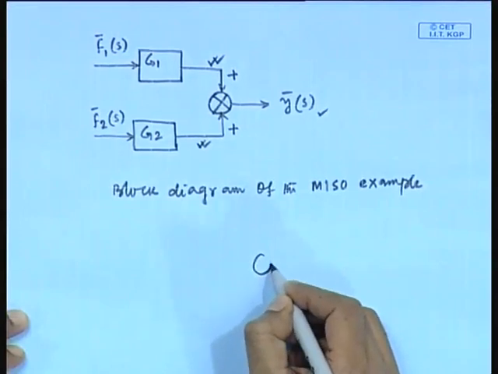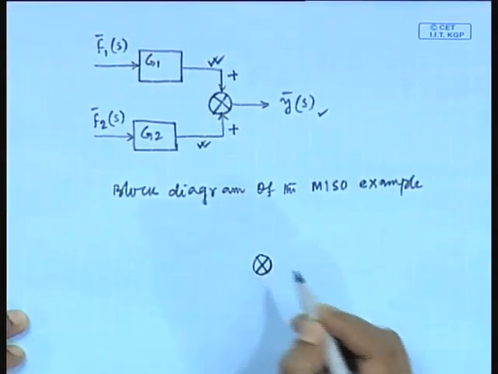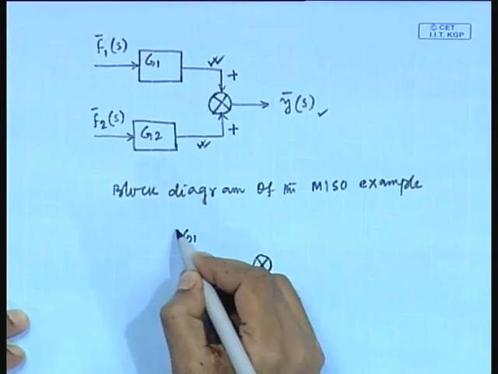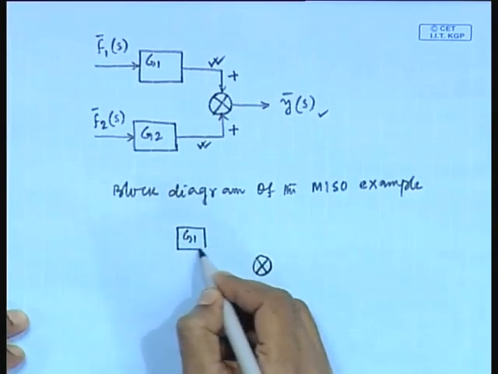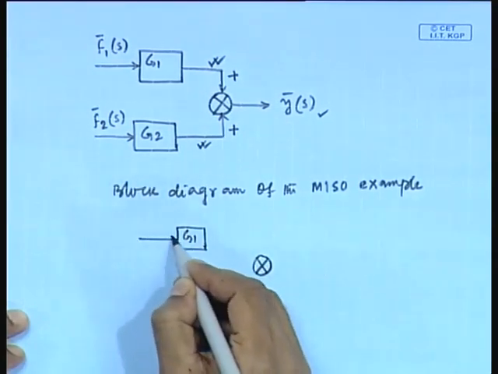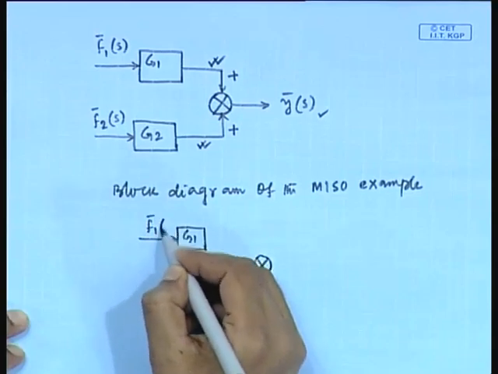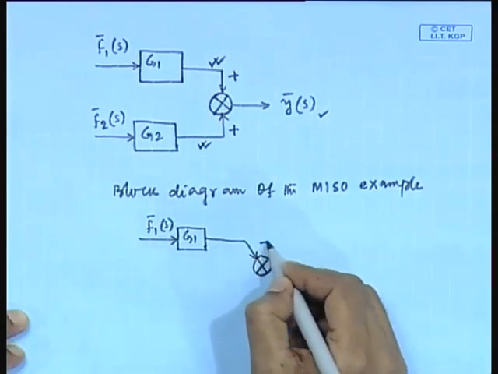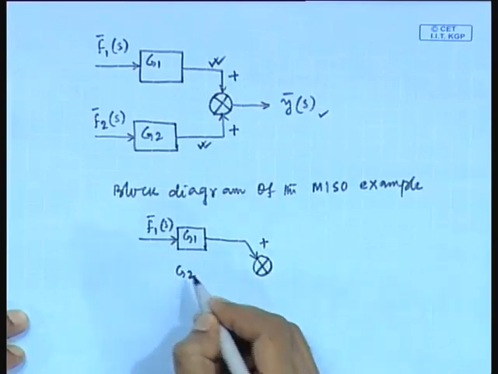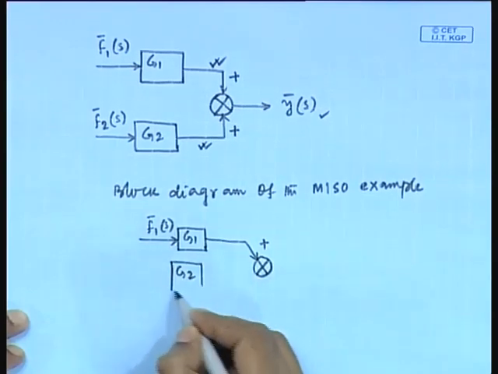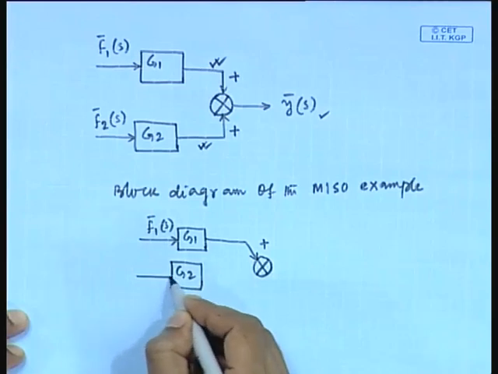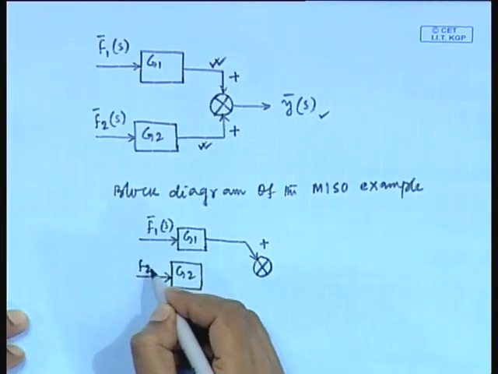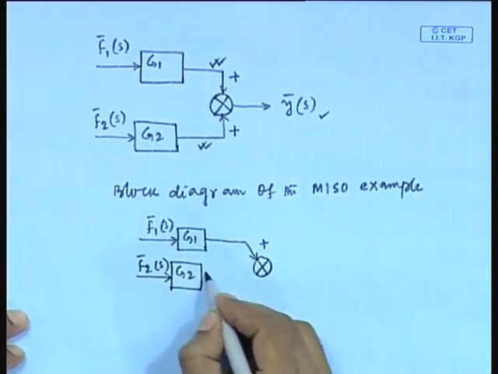So, this is G1, input to this G1 is F1, next one is G2, input to G2 is F2.